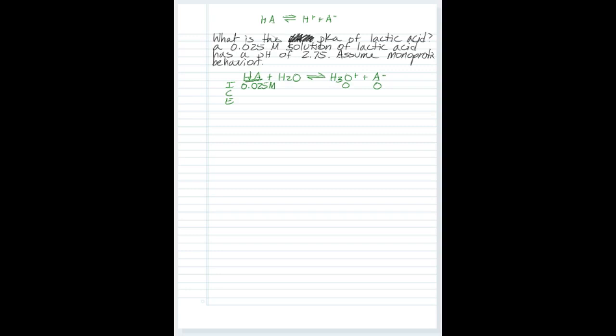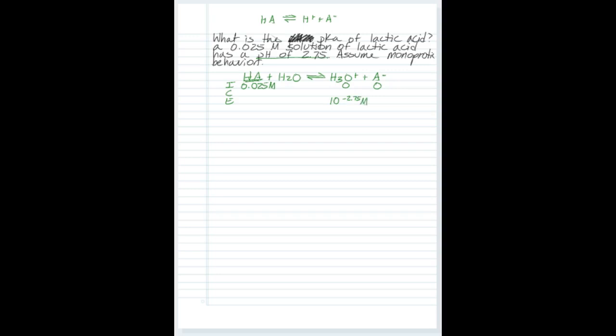So we're going to produce some H3O+. Before I jump to the change row, right away I'm going to look at the equilibrium row, because I have this information here. I have the pH value, and that's the pH value at equilibrium in this aqueous solution. That is enough information to tell me how much hydronium ion I have in this solution. I have 10 to the negative 2.75 molar hydronium.